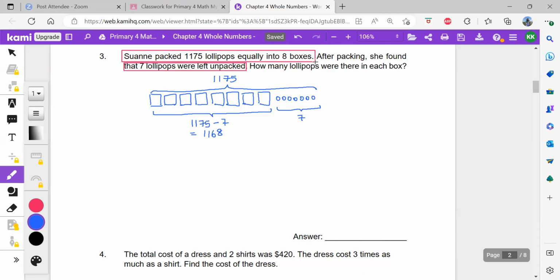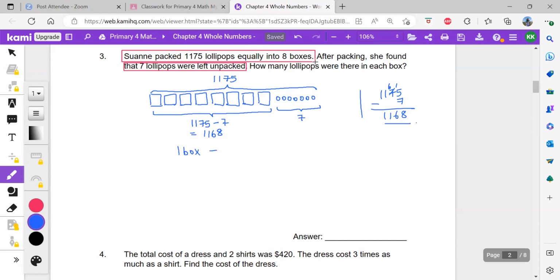All right, you can do a simple calculation if you want: 1,175 minus 7. Okay, so if I know that 8 boxes have a total of 1,168, how much is one box?